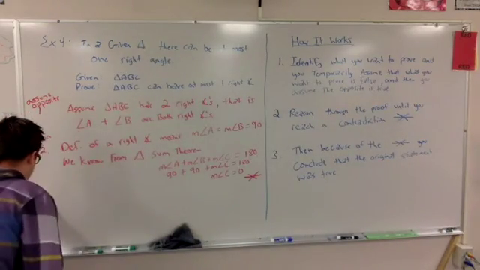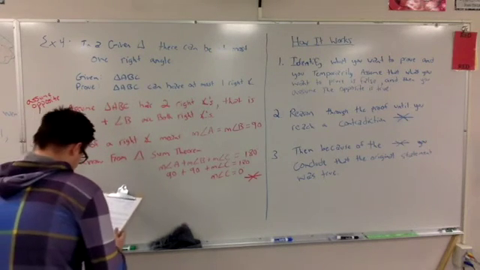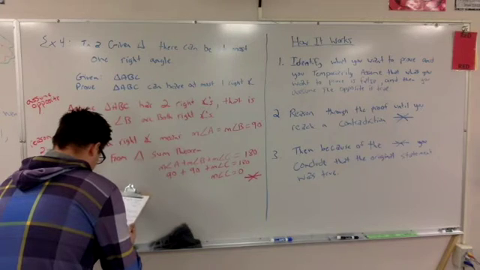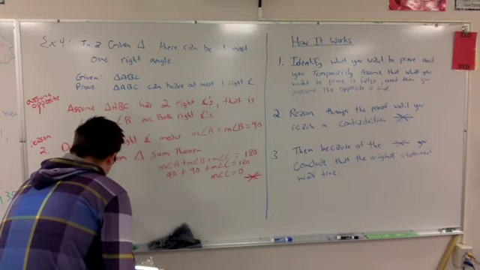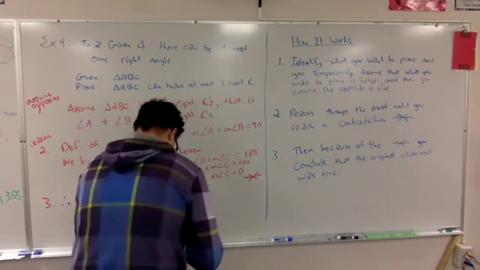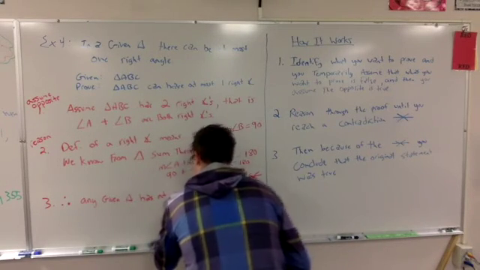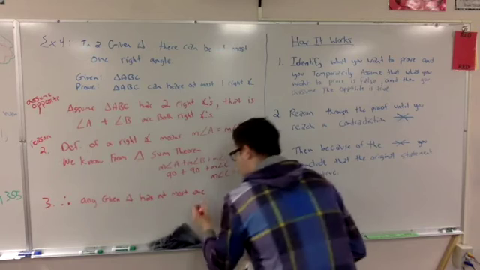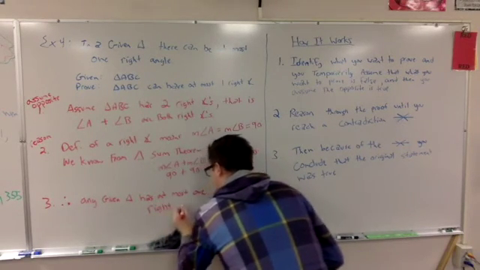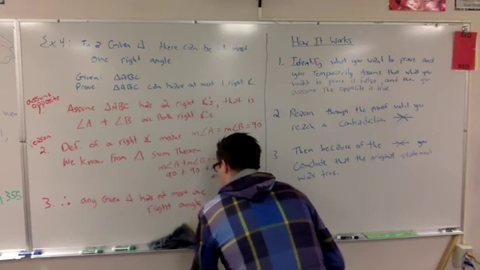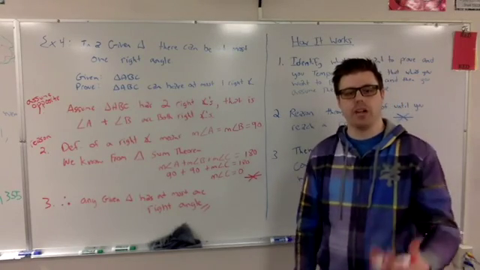So, therefore, any given triangle has at most one right angle. There it is. Proof by contradiction.